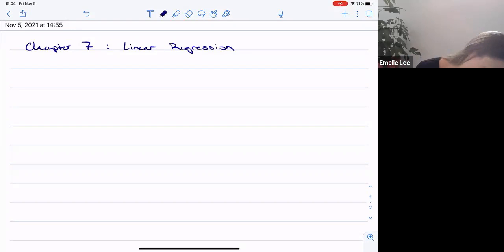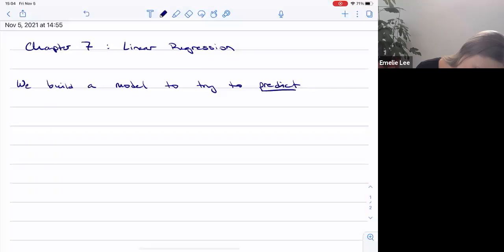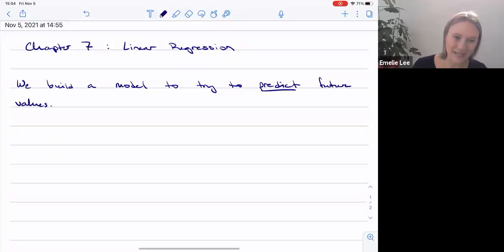We build a model to try to predict future values, not in the sense that they're necessarily in the future time-wise, but different values that we haven't seen in our sample yet.